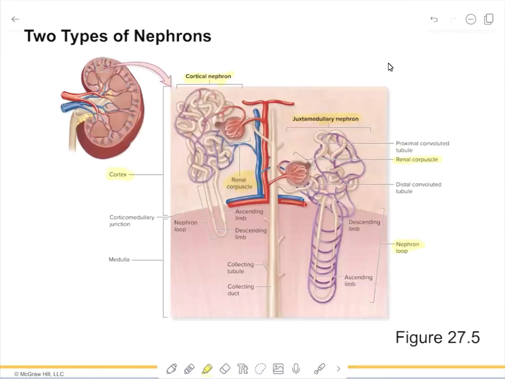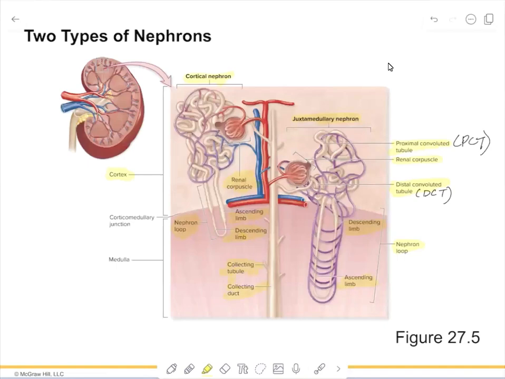So it begins with the proximal convoluted tubule because it's closest to the glomerulus, then the nephron loop, and the nephron loop begins with a descending limb and then an ascending limb, which leads to the distal convoluted tubule, abbreviated as DCT, PCT for proximal convoluted tubule, and then that leads into the collecting tubule and then collecting duct.